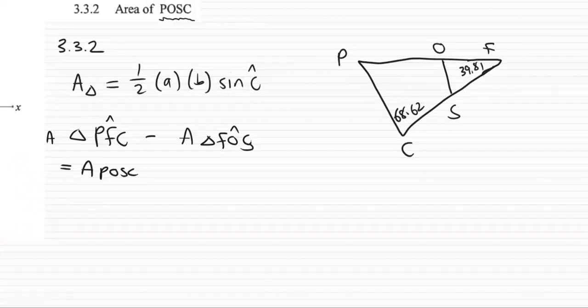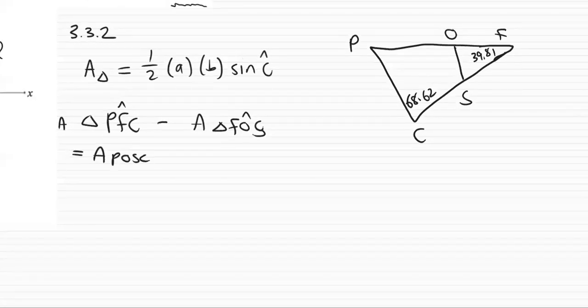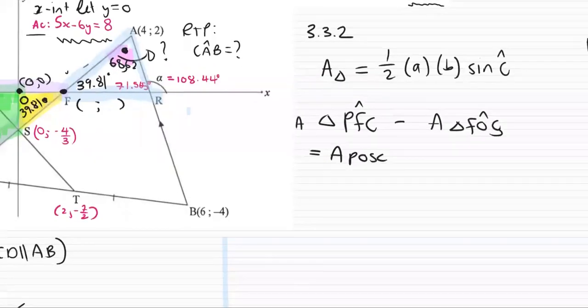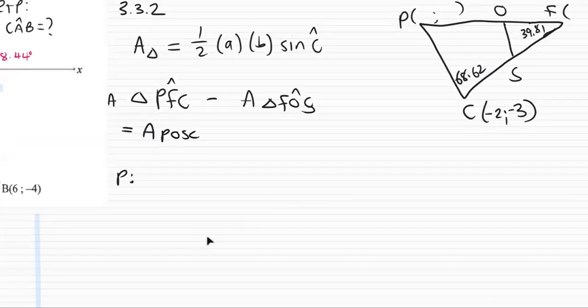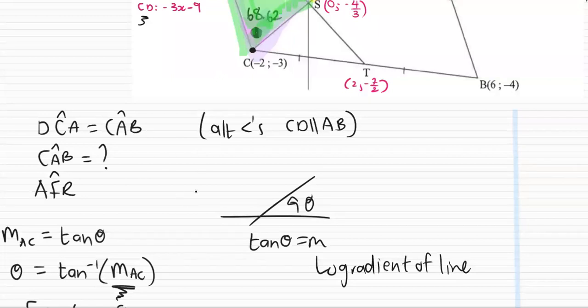All right. So we have point C, which is -2, -3. We need F and we need P. So let's start with P. For point P, we have the CD, minus 3x minus 9, we worked out in a previous question.